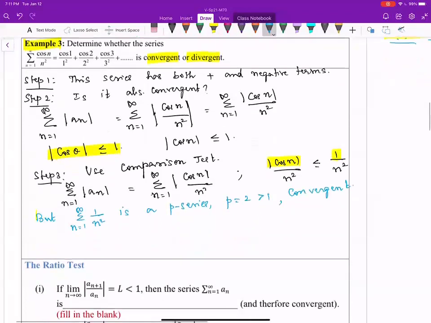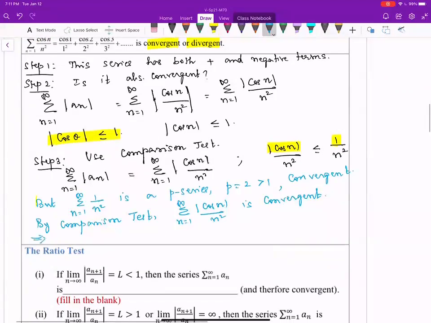Thus, by comparison test, we can conclude sigma absolute cosine n over n square is convergent also. In other words, we are saying sigma absolute a_n is convergent.